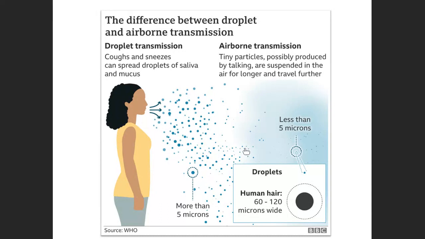But if it is smaller than 5 micrometer, they call it micron, and this is the size compared to your hair, human hair, which varies between 60 to 100 micrometer. And so that's the droplet.